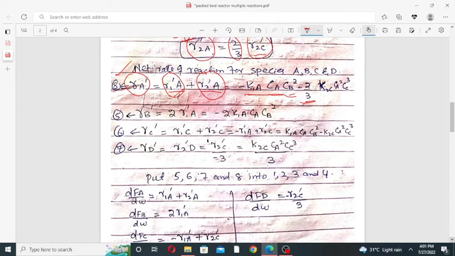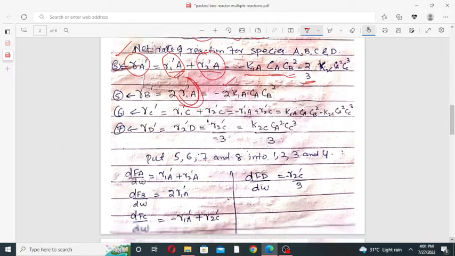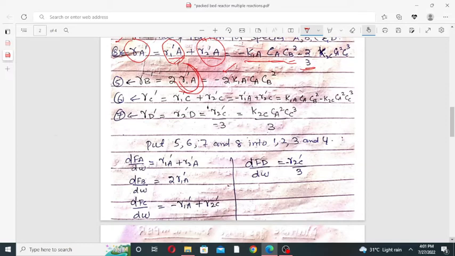Similarly, the rate of component B is 2 times R1A dash. So the R1A dash value is given from the rate law, and we will simply multiply it with 2.